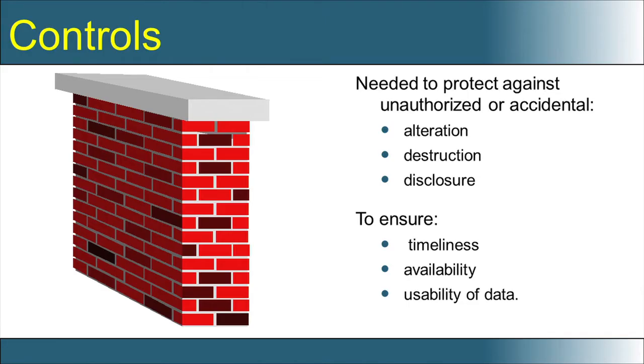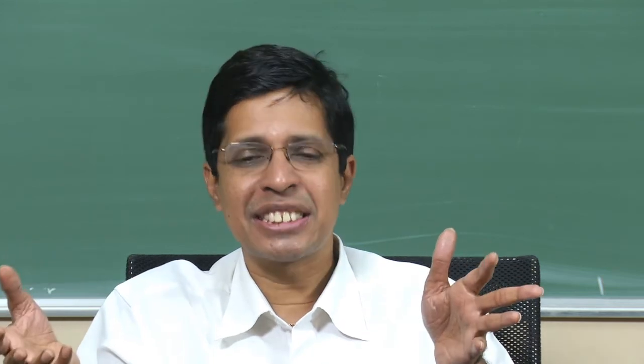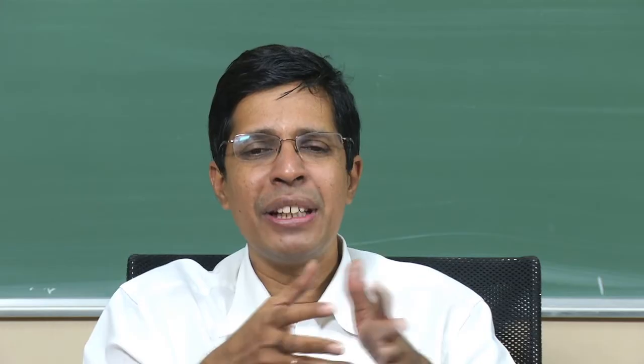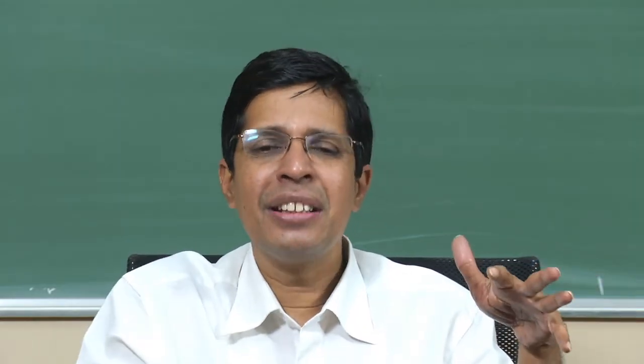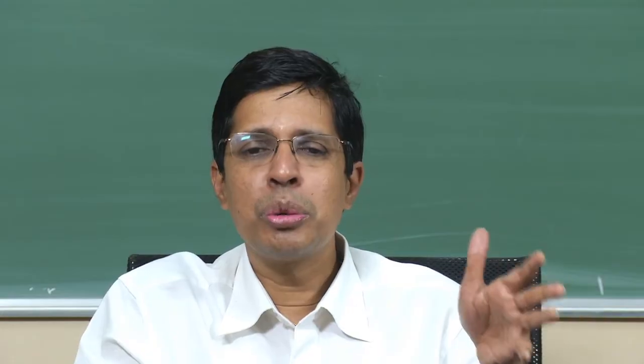I is integrity, the opposite of integrity is alteration. A is availability, the opposite of availability is destruction. So needing control to maintain CIA essentially means needing controls to protect the system from disclosure, alteration and destruction.